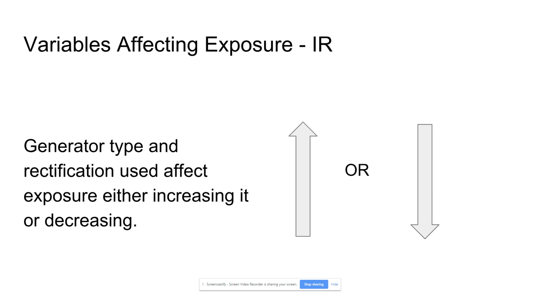So if you set 85 kV with a high frequency generator, you're going to get close to 85 kV photons, which will lead to more exposure to the plate, because stronger photons are more likely to be in the remnant beam than get stuck in you and make it to the image receptor. So it's up or down, depending on whether your generator is getting more or less efficient. Any questions on generator? Again, just like last semester, I told you I wasn't going to go terribly into generator in this course, except for how it changes the exposure to the plate.